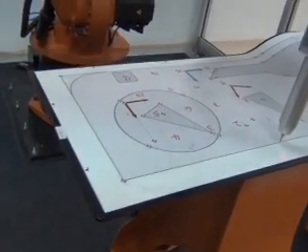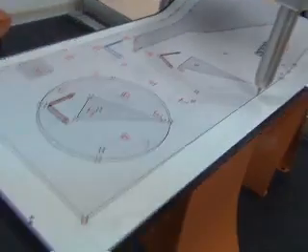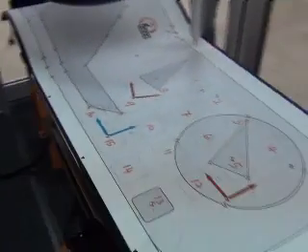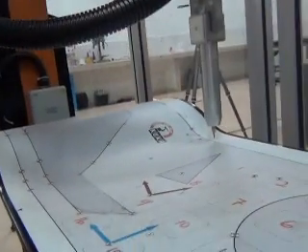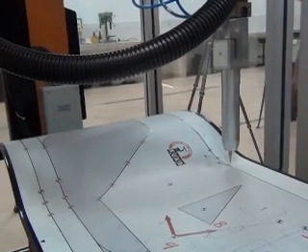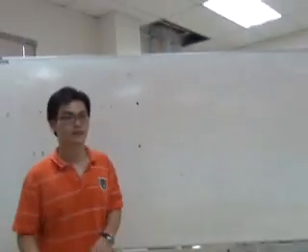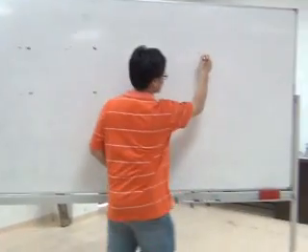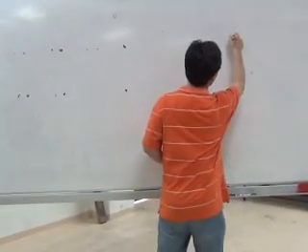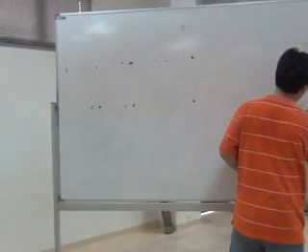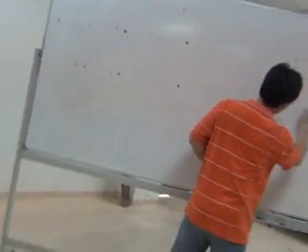So the line is one, two. Then we can define out.